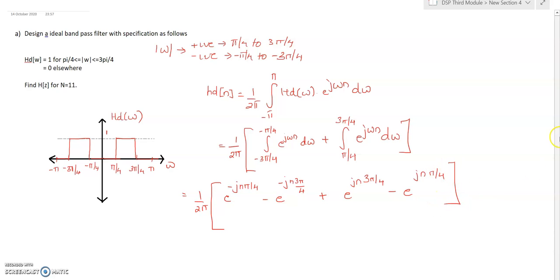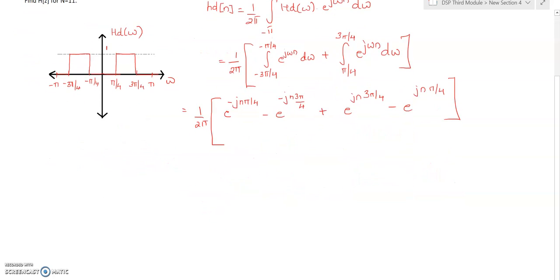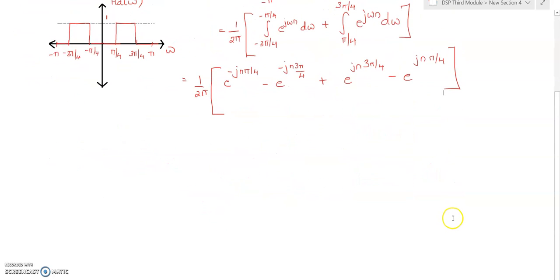This is how you get the equation in terms of these exponentials. Now we have to give extra special care at this step to get the general equation of HD of n. When we look at these terms, we can see similar terms: minus jn pi by 4 here and jn pi by 4 here, n 3 pi by 4 here, and similarly the positive term. Generally, we need it in the form of e raised to j theta minus e raised to minus j theta, to write it as 2j sine theta.